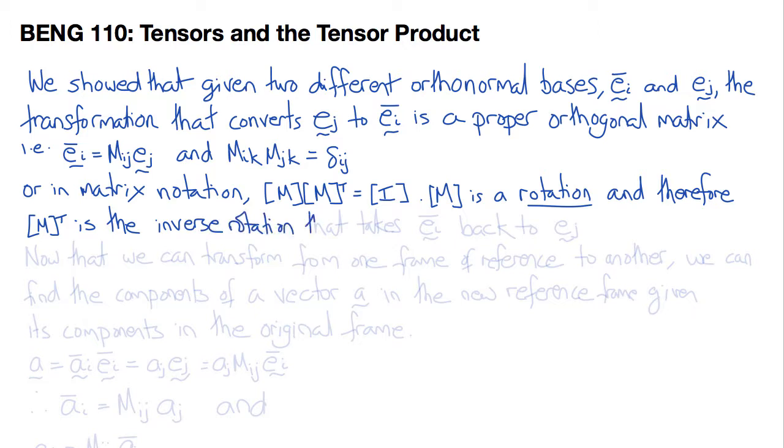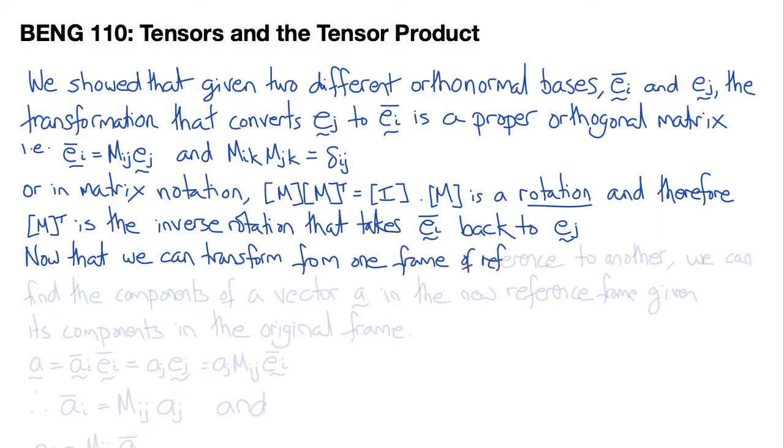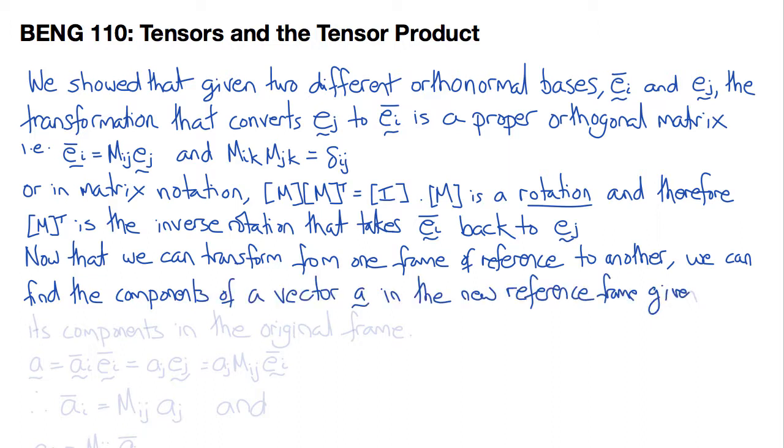And as we showed last time, the components of this matrix are just the angle cosines, the cosine of theta ij between each of the three base vectors in one coordinate frame and each of the three base vectors in the other coordinate frame. So now that we can transform from one frame of reference to another, we must be able to find the components of a vector A in the new frame of reference, given its components in the original frame of reference, using that transformation.